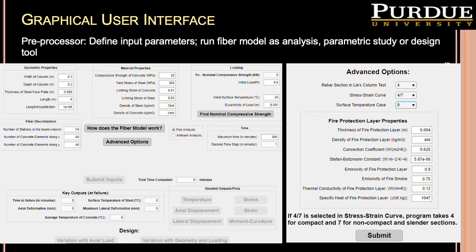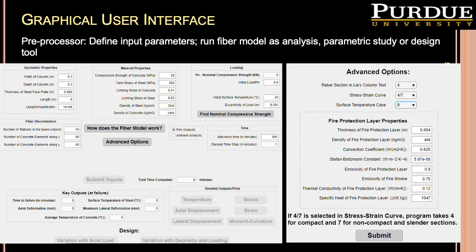The user can enter the geometric properties like width and depth of the column, the strength and stiffness material properties, and the amount of the applied axial load. The load can be specified as a fraction of the nominal capacity of the section at ambient temperatures.